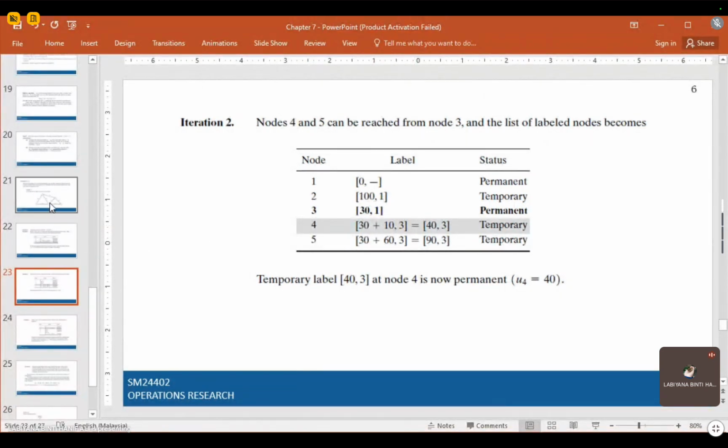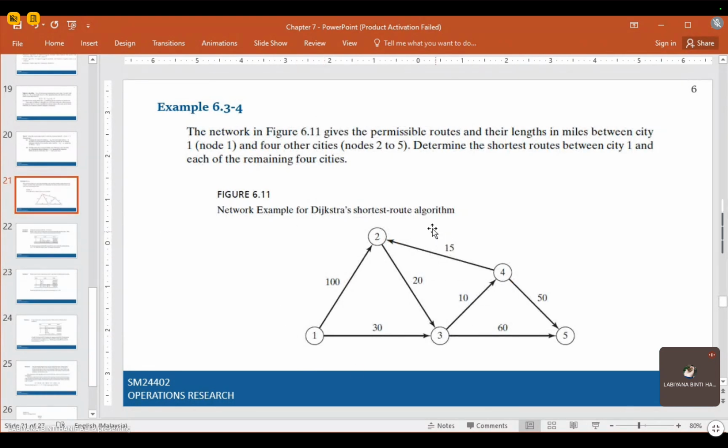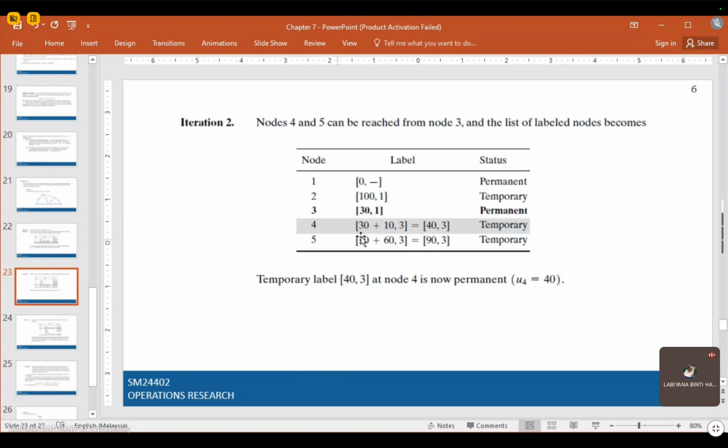Let's look into this figure again. From 3, we can reach node 4 and node 5. And we have 10 and 60 here. So that's why from 30, we write 30, 3 and plus 10 for node 4, plus 60 for node 5. 3 here is node 3.